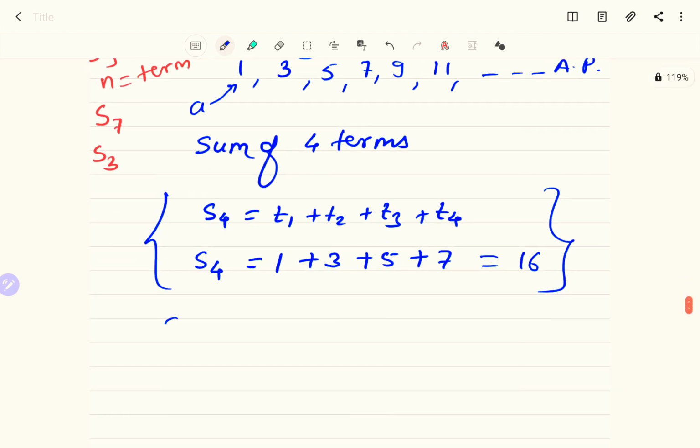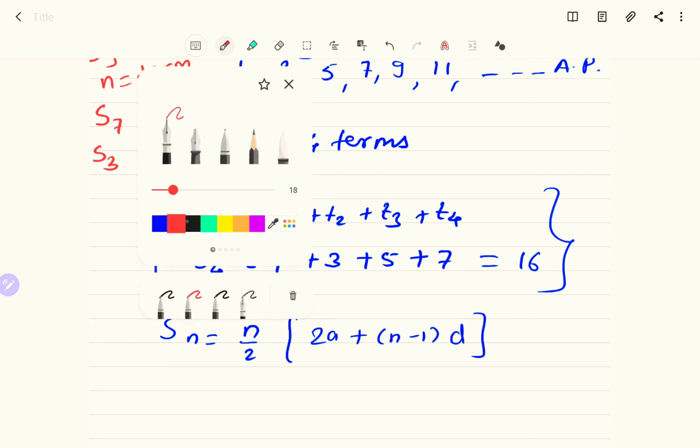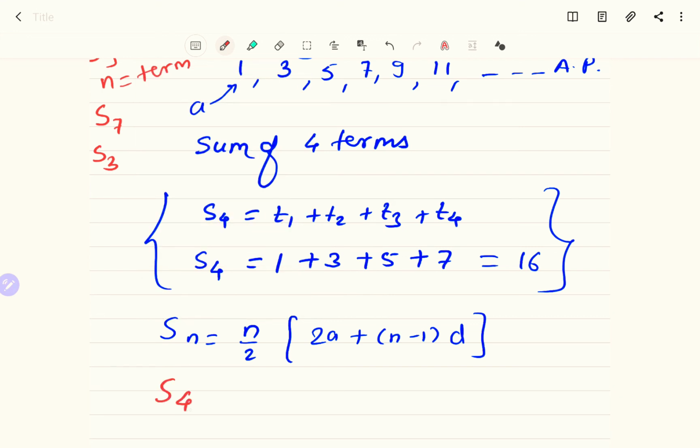So here the formula for Sn is n upon 2 times (2a plus (n minus 1) into d). And if you want S4, let's try to calculate it for S4. S4 means n in this case is 4. So here I am substituting n as 4 by 2, twice the first term.